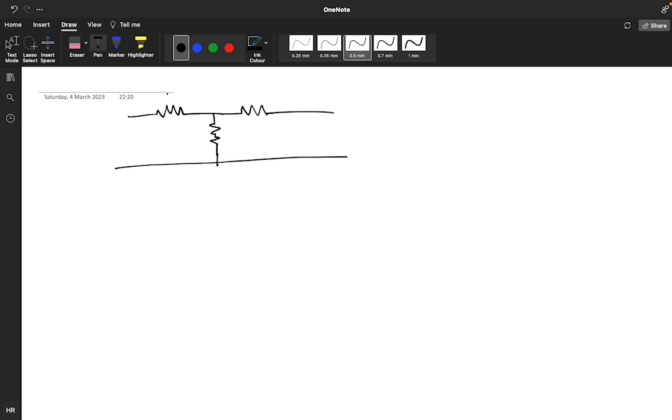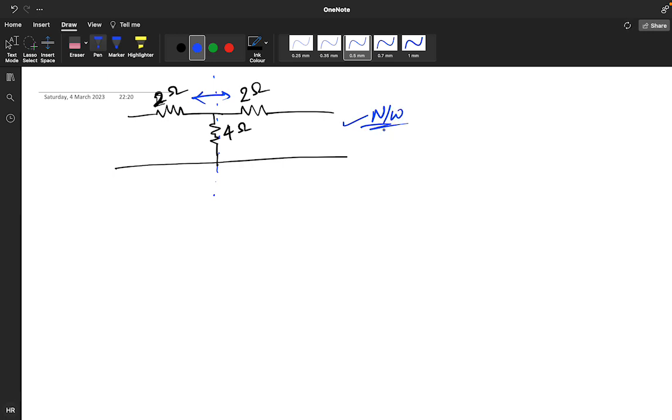I'm taking some random values. This is 2 ohm, this is 2 ohm, and this is 4 ohm. If you place one mirror, you will see the same thing. The same replica is represented on either side, right? So this is your network.